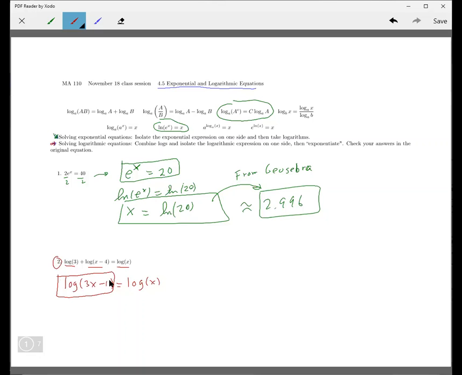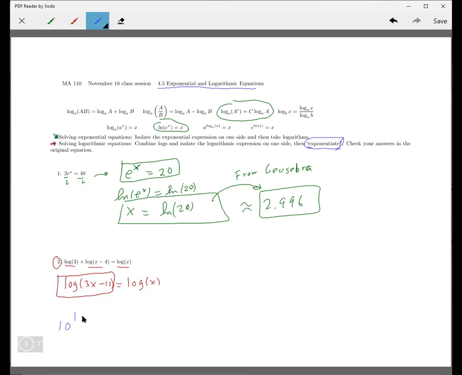Now what you want to do is exponentiate. Let me illustrate what that is. Exponentiate is a term that only I use, I don't know if everybody else uses it. The idea here is that this is log base 10, right?